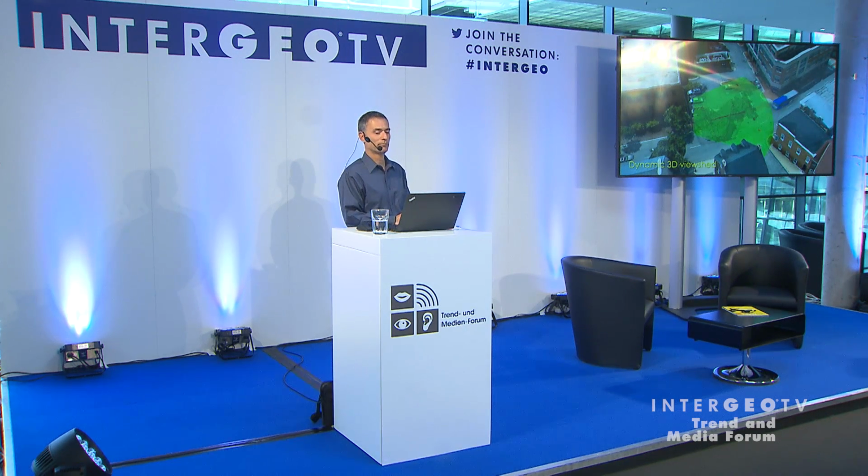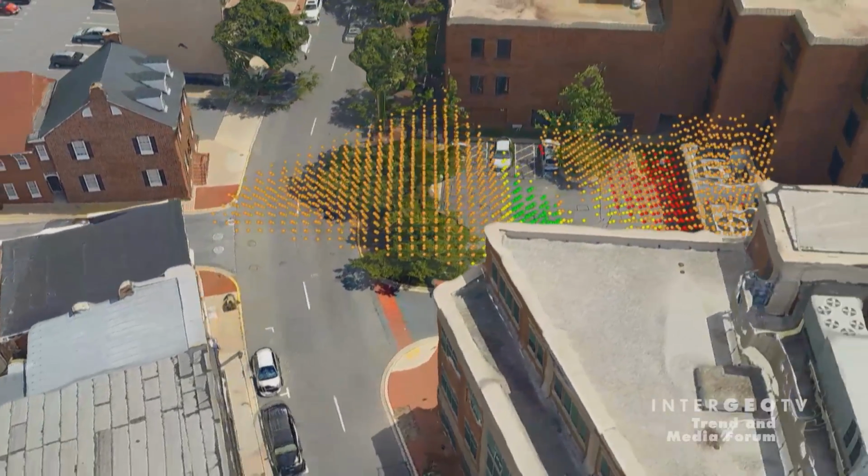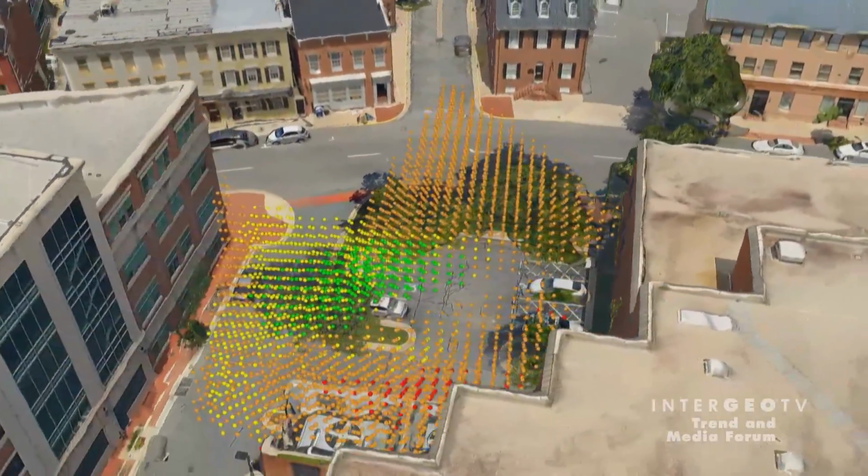And we can do multiple viewsheds to allow you to calculate where best to place a security camera, for instance. So this would give you a result showing the analysis of which points are visible from how many cameras. And you can see if you have dead zones, and you can correct that.